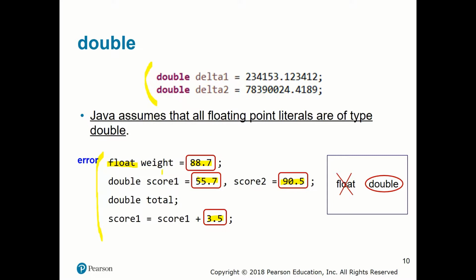So this line should be like this. Okay, so you must remember that if there are floating point numbers in the code, they are double. So you should be careful when you put the data into the float data type.